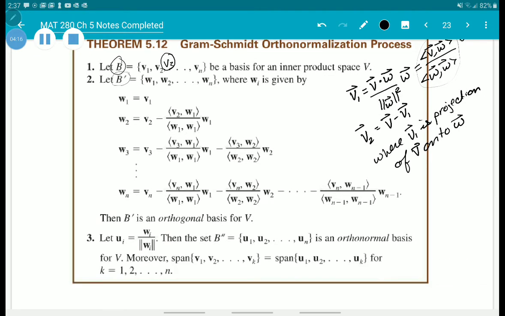So once we go through this process, we're forming an orthogonal basis. Well, an orthogonal basis is nice, but we need an orthonormal basis usually. So to find an orthonormal basis, we're really just going to take those basis vectors that we just found that are orthogonal, and we're going to normalize them, which means we're going to set them up so that they all have a magnitude of 1.